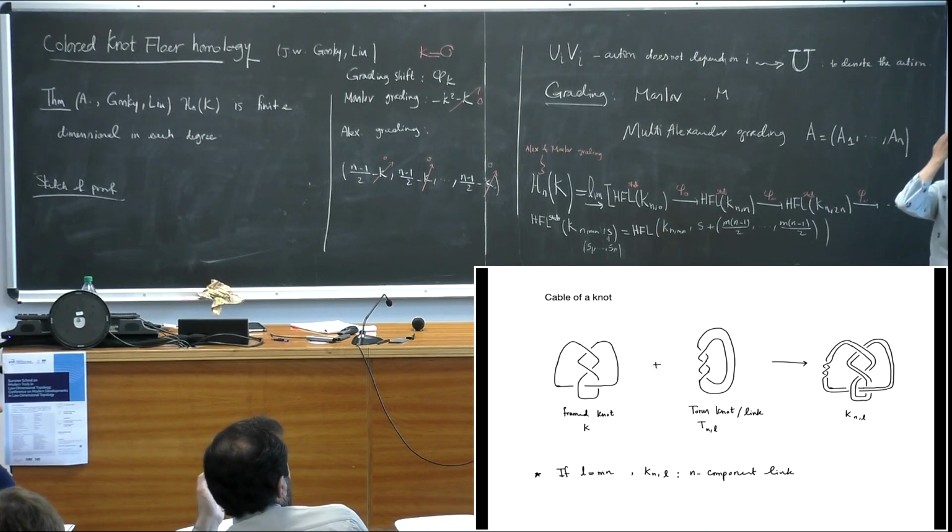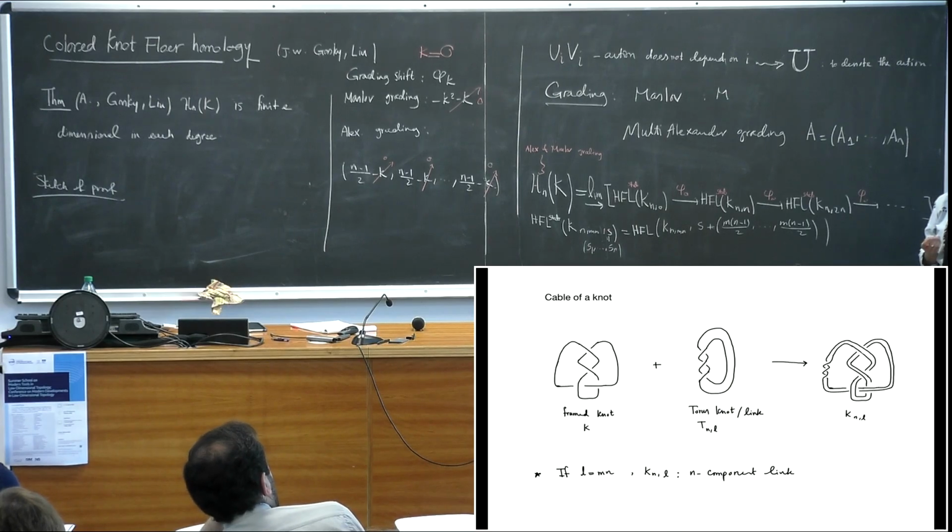You can form the Euler characteristic of it, and does it satisfy a skein relation? The problem is that we're taking a limit, so it's not a polynomial, but it's going to be a series, right? It's a well-defined theory with two gradings, so you can form the Euler characteristic.